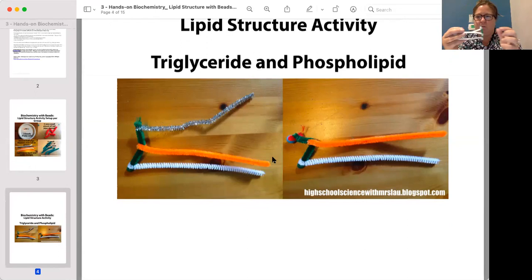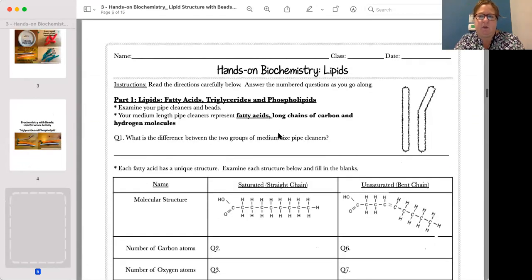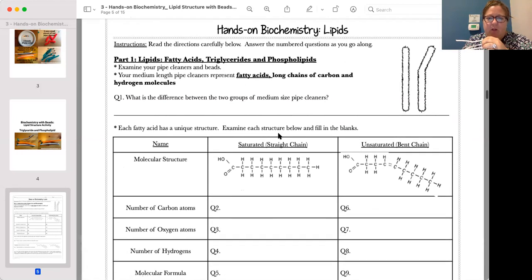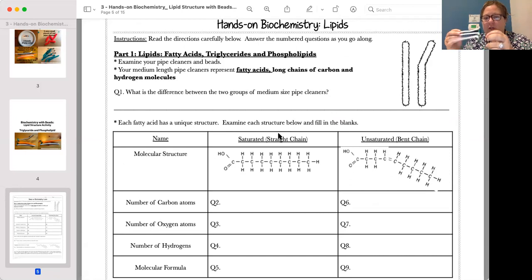Okay, so here's one example of a lipid. Let's read through this. Your medium length pipe cleaners represent fatty acids, which are long chains of carbon and hydrogen molecules. You notice that you have different colors in the 2 groups of medium-sized pipe cleaners.